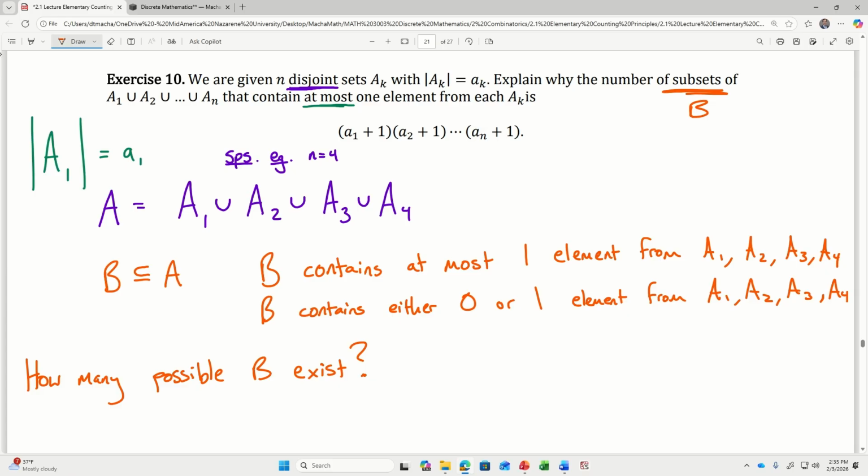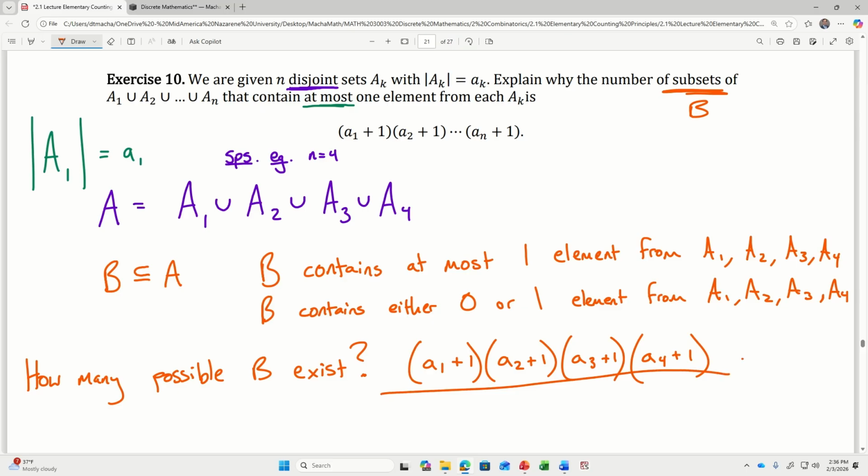The answer would be the size of A1 plus 1 times the size of A2 plus 1 times the size of A3 plus 1 times the size of A4 plus 1. That's the answer to the question. But as you're taking your test and you get this as a test question, you would have to explain why. Explain why this is true.